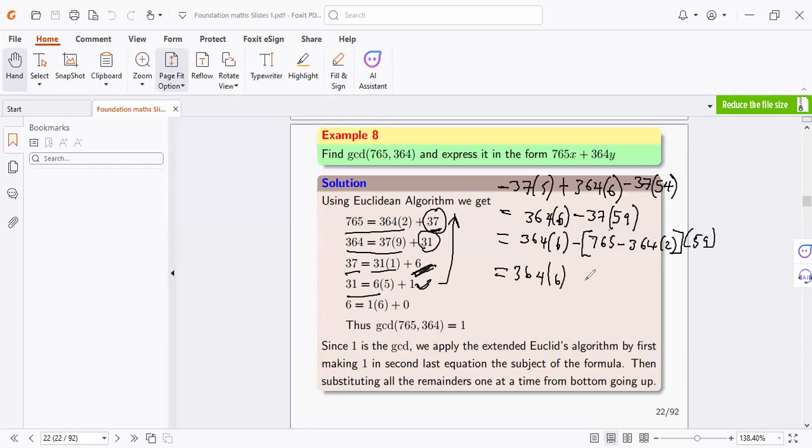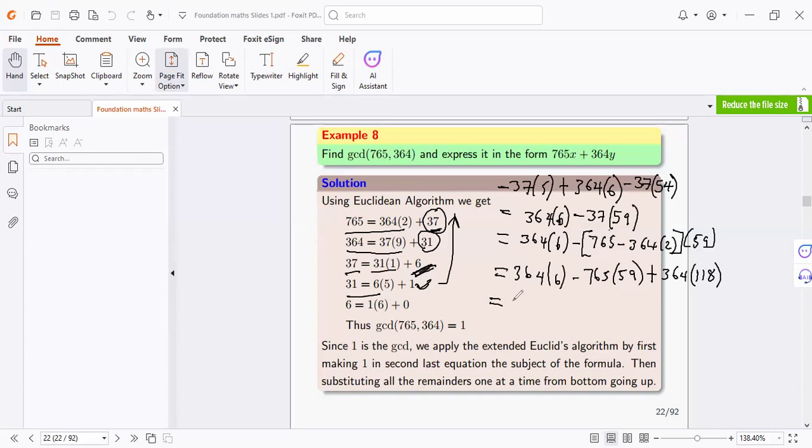There's this minus here, so that will be minus 765. Then there's 59 outside. Also use it there. This minus times this minus will be positive: that's 364. Then there's this 2 multiplied by this 59. When you multiply that, it will be 118.